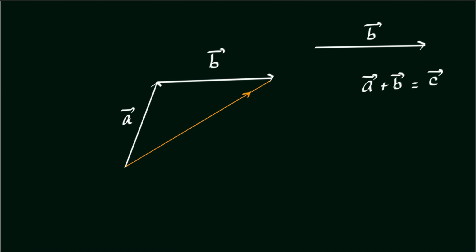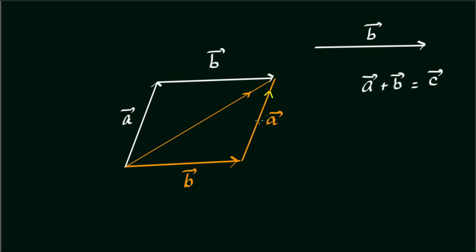Suppose now I complete the parallelogram. A and B form two sides of a parallelogram. Let me complete the parallelogram. If I complete the parallelogram, you can see the following. What is this vector? This vector is B. It has the same length and the same magnitude as B. What is this vector?